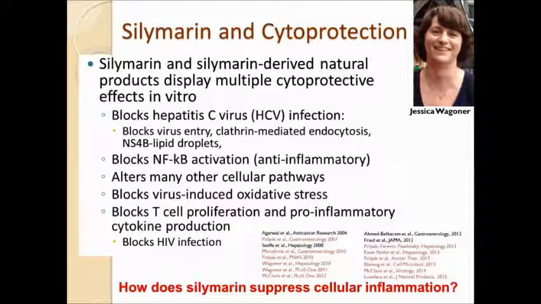So with silymarin, and with natural product chemists we work with who provide us purified compounds, we've shown, as I mentioned, that silymarin can block Hep C infection, and we've shown that it can block virus entry by slowing clathrin-mediated endocytosis. And there's also some role for inhibiting the association of one of the viral proteins, NS4B, with lipid droplets.